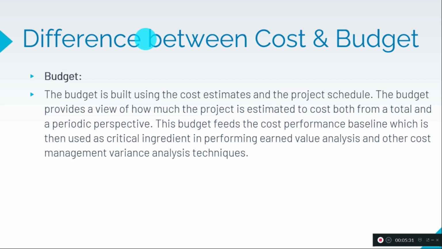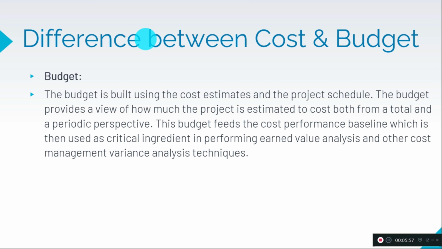The budget provides a view of how much the project is estimated to cost, both from a total and predictive perspective. So it's required to get clarity on how much cost is required in each phase of the project to complete the entire project.